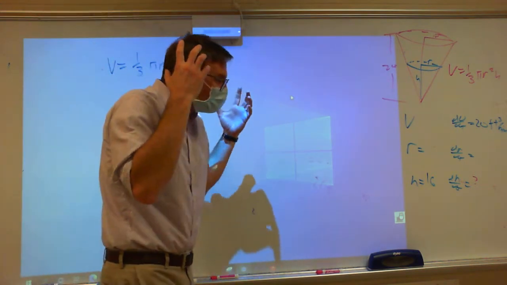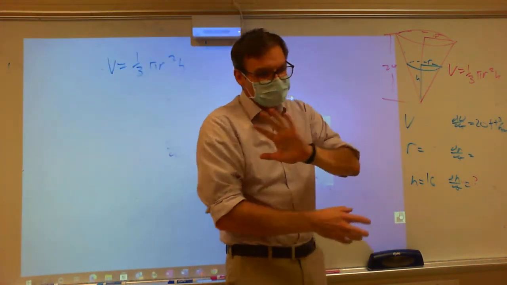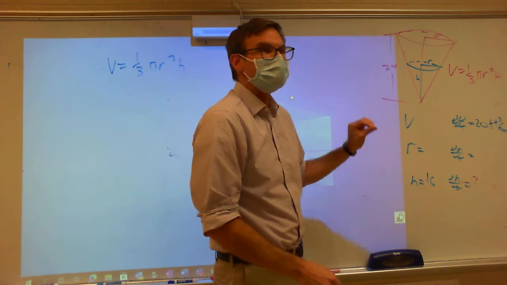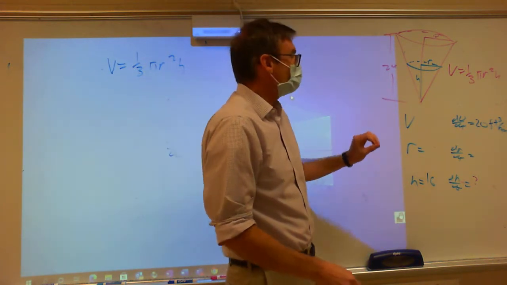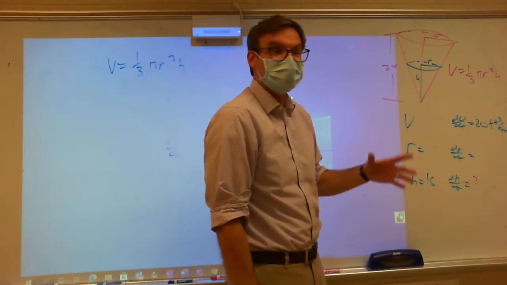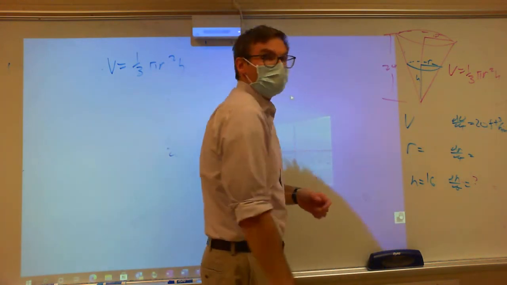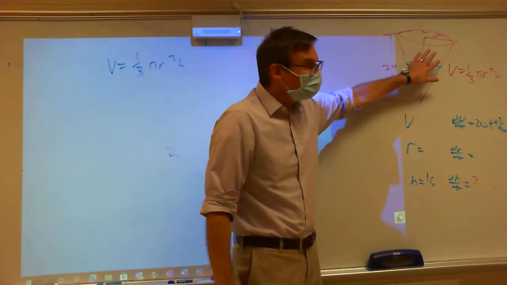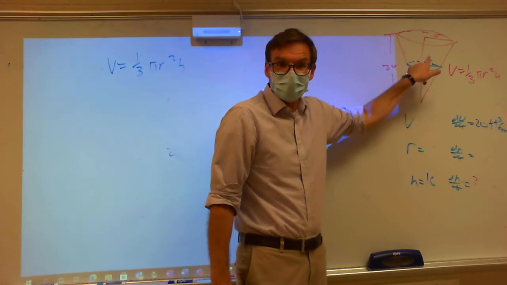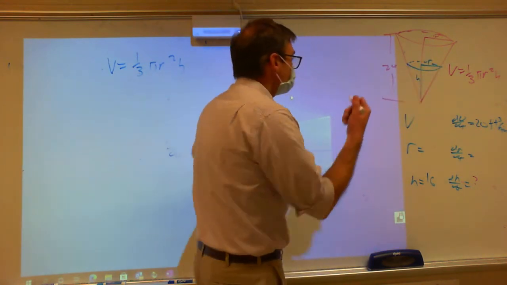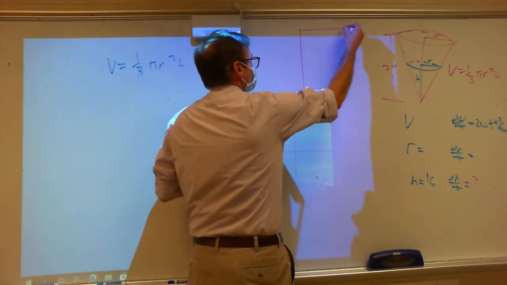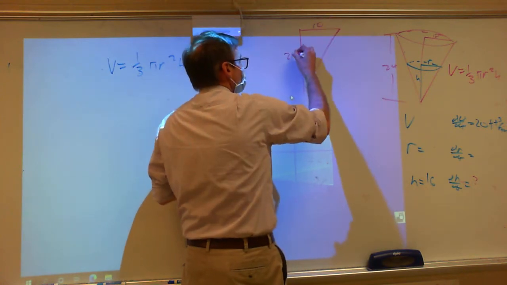Now, the reason cone problems exist in every single calculus book is there's a way that you can change all your R's to H's. And here's how. Use similar triangles. Can you see there's two right triangles? We've got the tank, where it's 10 and this is 24.